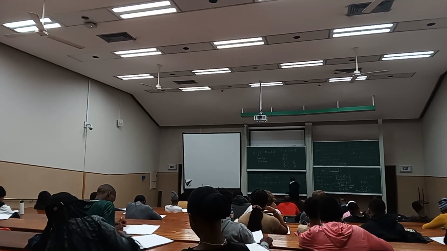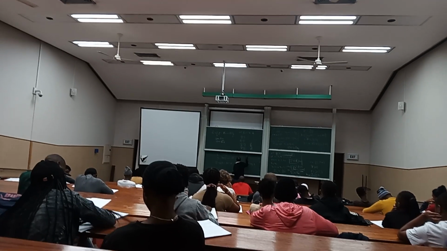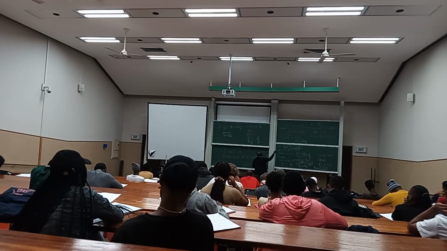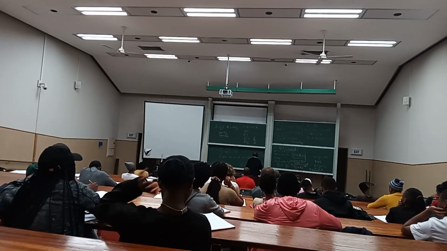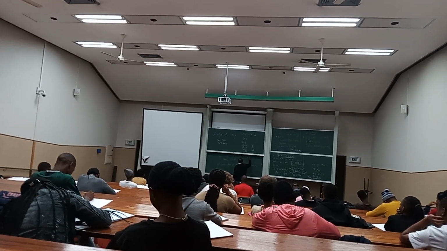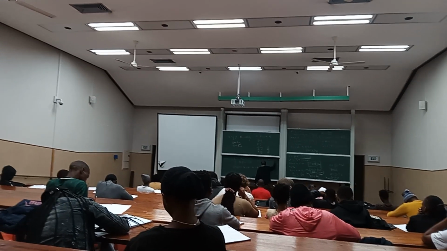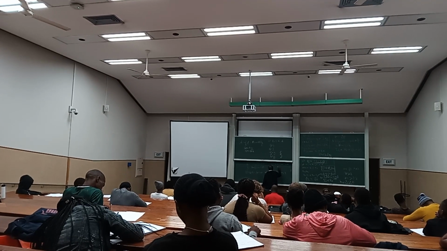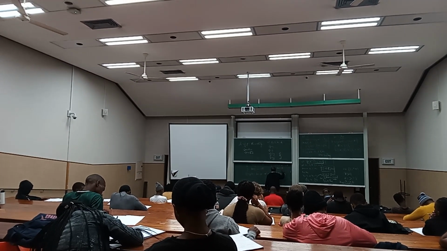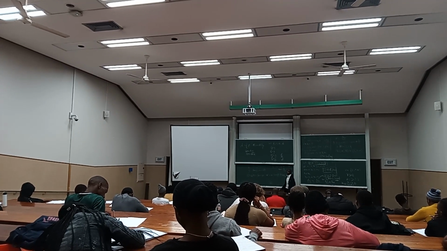I give an example. Let's consider f, whose domain is minus infinity to 2 union 2 to infinity, to R, and x we map to 1 over x minus 2. This is f.